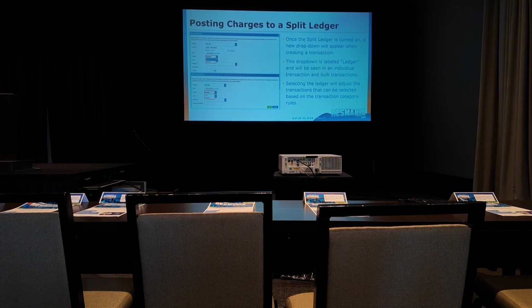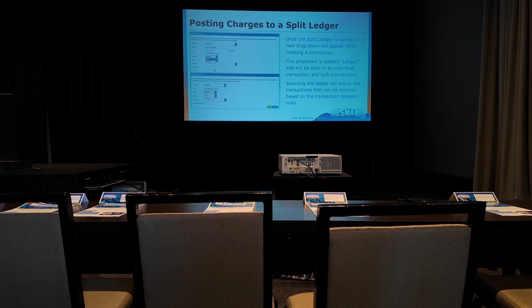So posting charges. I talked about that magic that happens when we add a split ledger. When it's turned on, a new drop down appears. If you hit transaction right now and you don't have a split ledger, this line doesn't exist. It comes into play only after you build it and assign it to the property. Then you can say, is this payment for HAP or resident? And it ties back to the transaction categories I mentioned earlier.